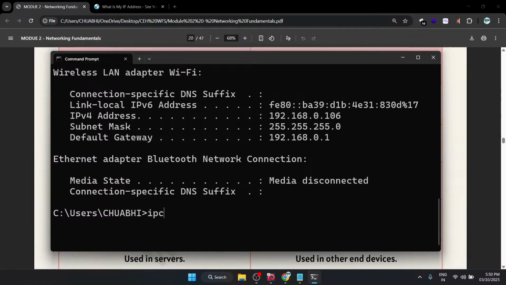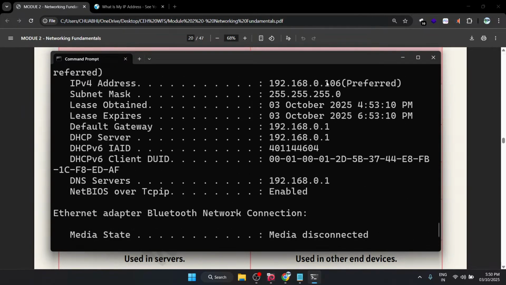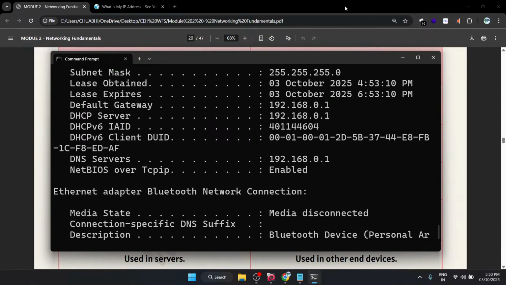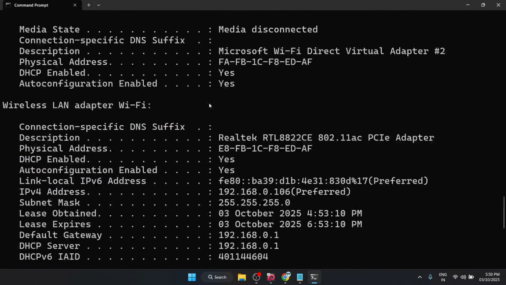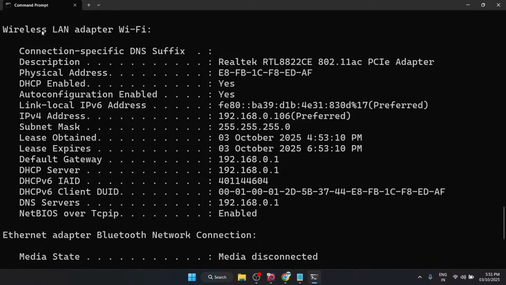Let's see. I'm going to simply type another command in the command prompt: ipconfig space slash all. Okay, here you can see something like this. Here, LAN Wi-Fi, you're going to check this interface only. Then description, then the physical address. This is the MAC address of my system. DHCP is enabled, auto configuration is enabled, meaning it is getting the IP address automatically.